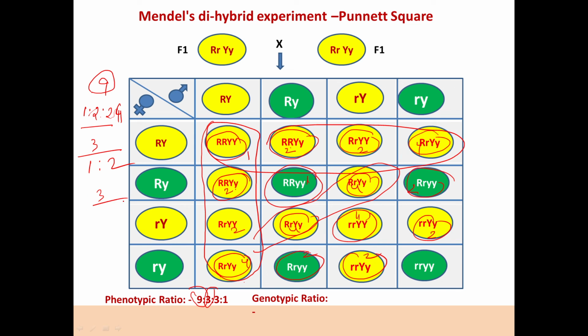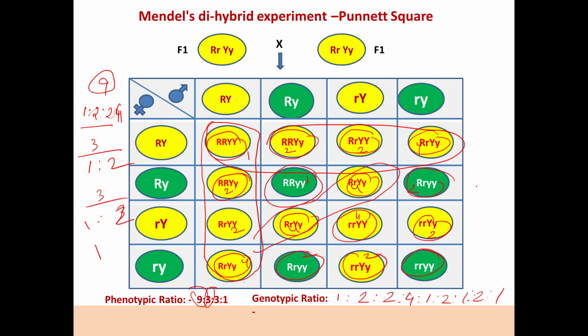Again from 3 we get 1:2. And now the rest 1 is 1. That's why the ratio comes 1:2:2:4:1:2:2:1:2:1.